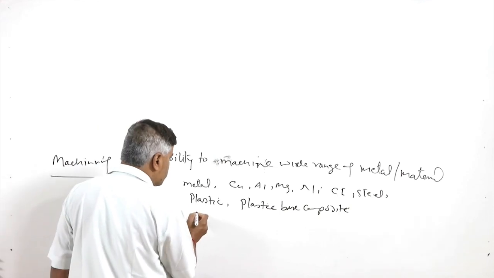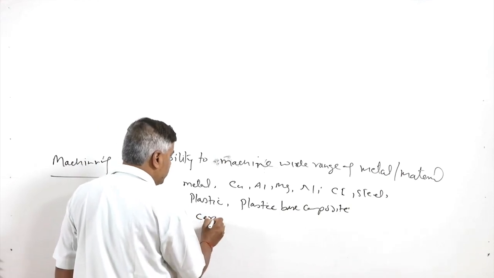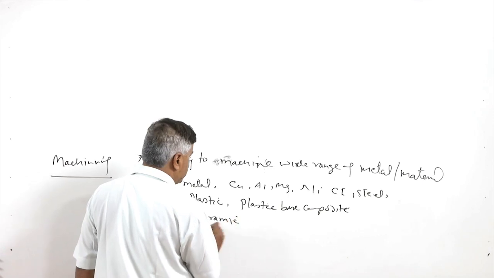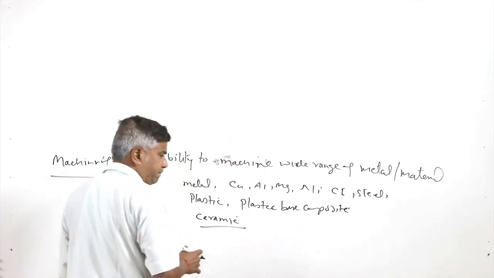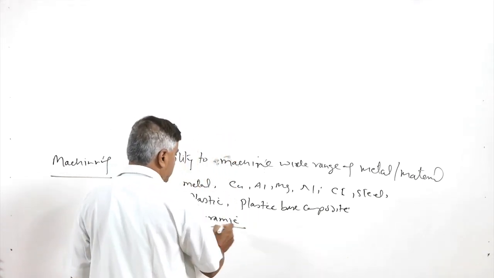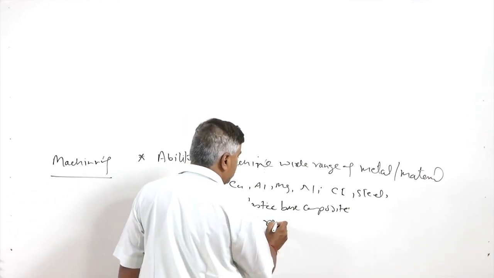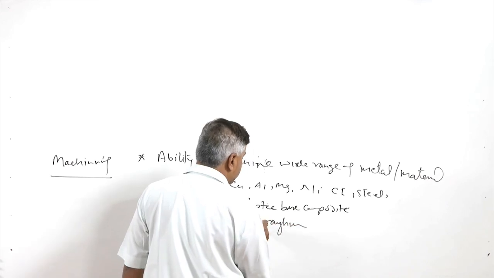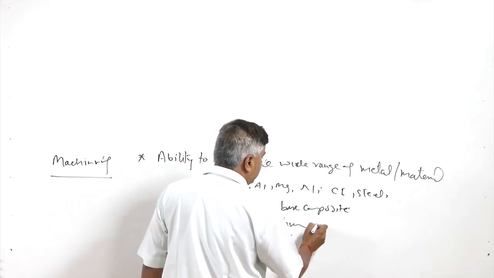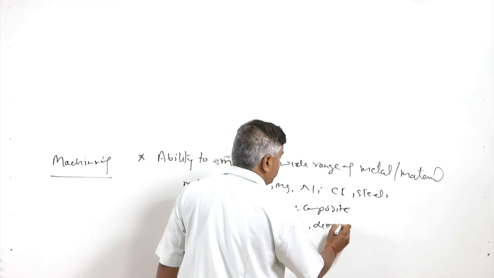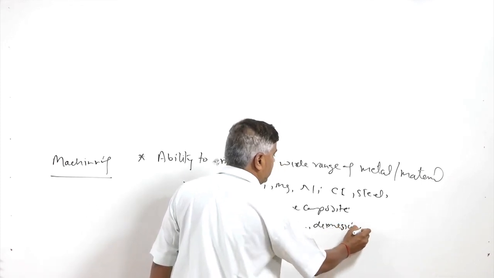Machining can also be used for ceramic materials using very good quality tool inserts, but the surface roughness and the dimensional control in the case of ceramics may not be that good.